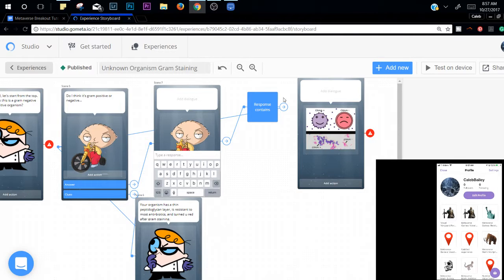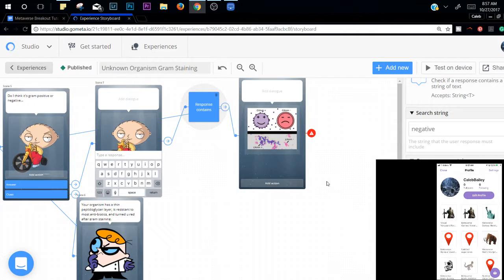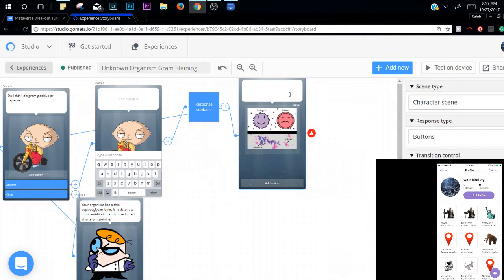So now that they've succeeded, they'll be given this message at the end, which says, excellent, you've deduced that your organism is gram negative.